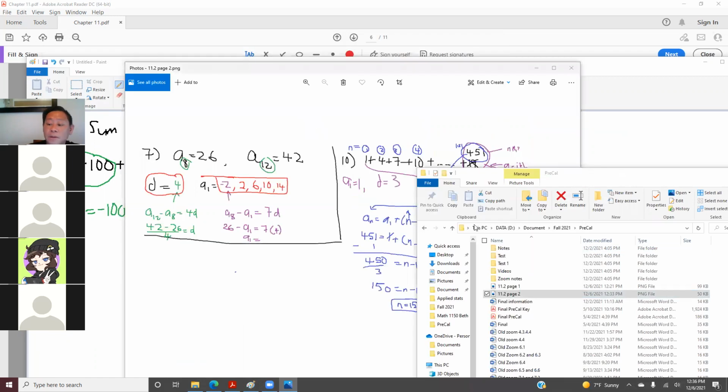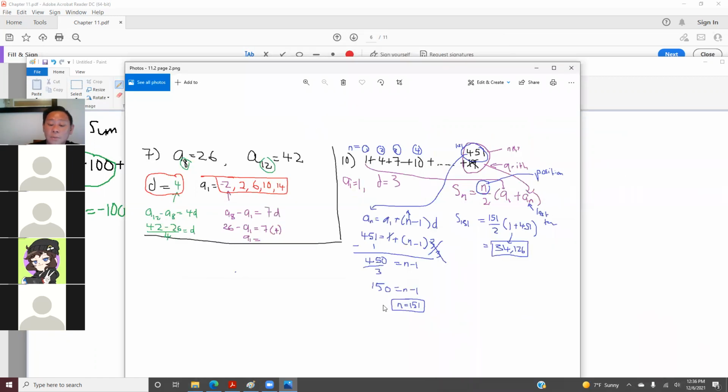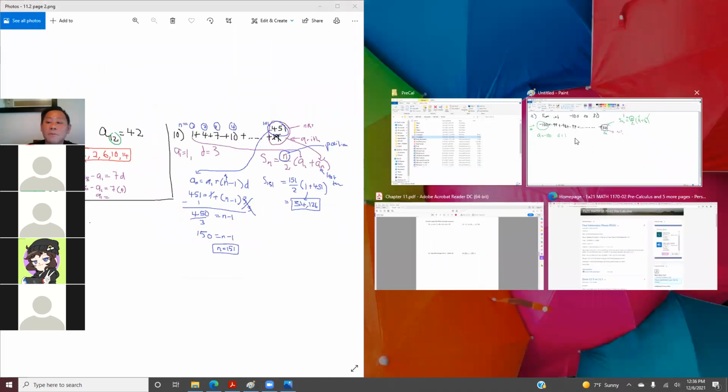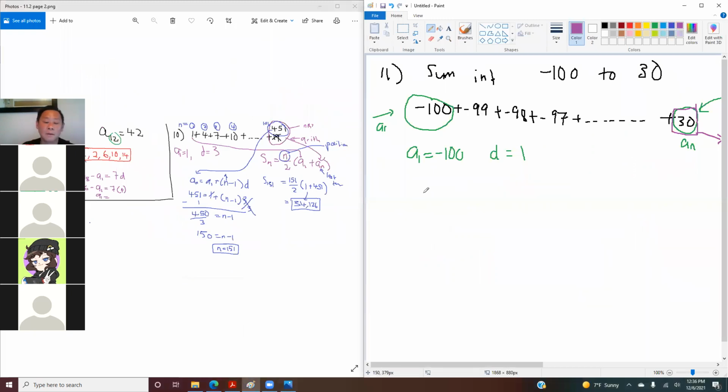If you remember what we did in number 10, that's how you figure out your n term. So I want you to do the same thing on this question, given that A1 is -100 and your D is 1.